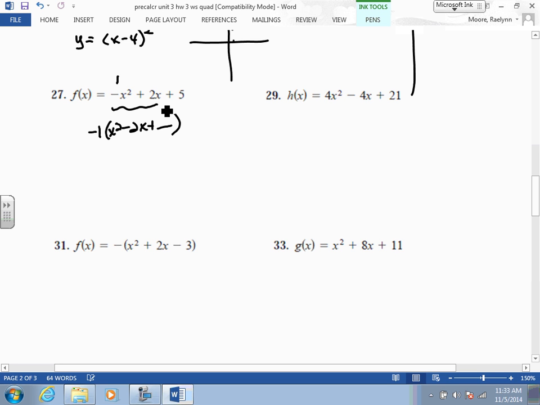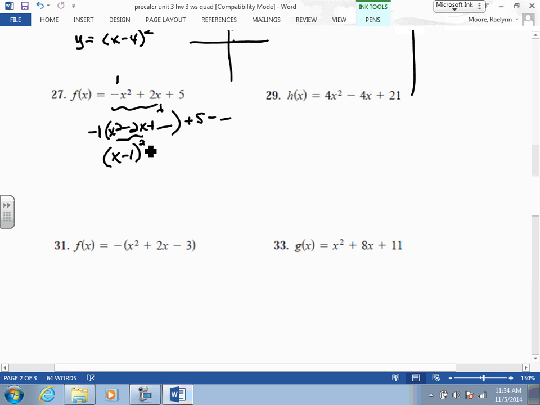We give ourselves our third term. We have our plus 5. We have our minus something. Now the reason why this new term doesn't go to a minus is because, remember, we're squaring something to put there. Whether we square a negative or we square a positive, it's always positive. So we do the same routine. What's half of negative 2? Negative 1.